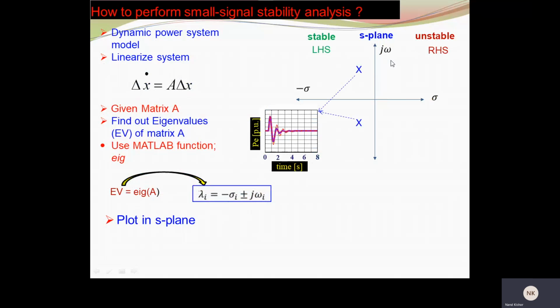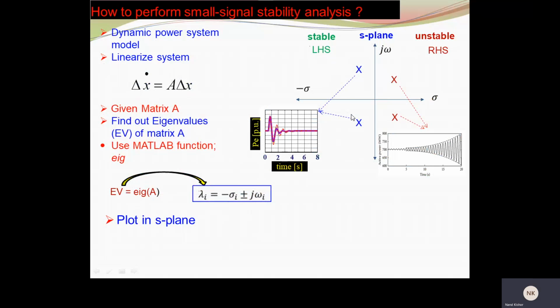And with the eigenvalues located on the left-hand side of the S-plane, it is expected that the response on being perturbed will have few oscillations, and it is likely to settle down to the initial state here. And thus the response is stable here.